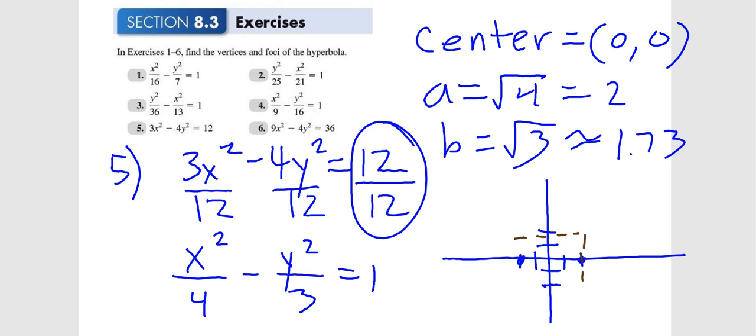I have no idea why I chose brown. Don't tell us about the test, please.